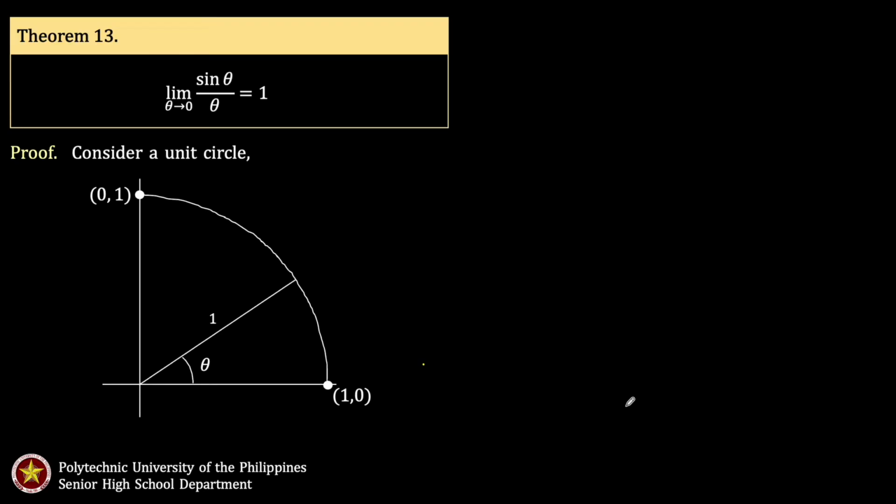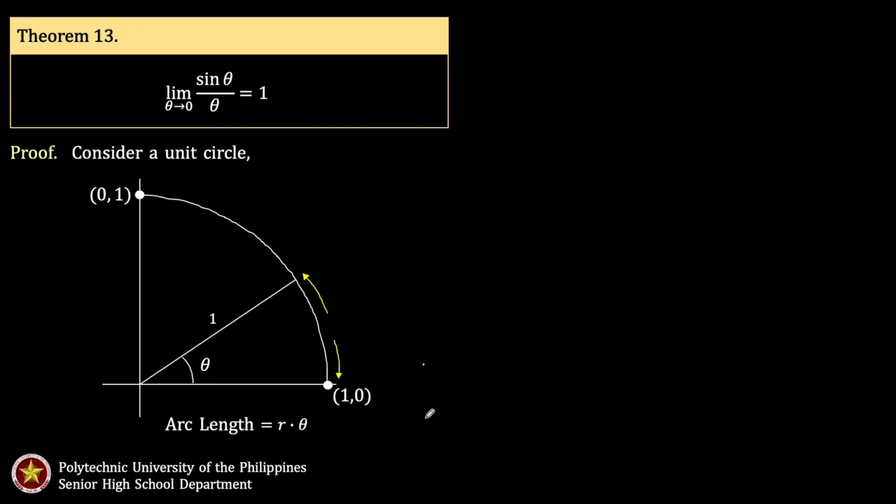Now, our concern here is to build three functions that will arrive to the concept of the squeeze theorem. So what are those functions? Let us begin with an arc. This arc has a measurement of r times theta. You can recall your geometry.